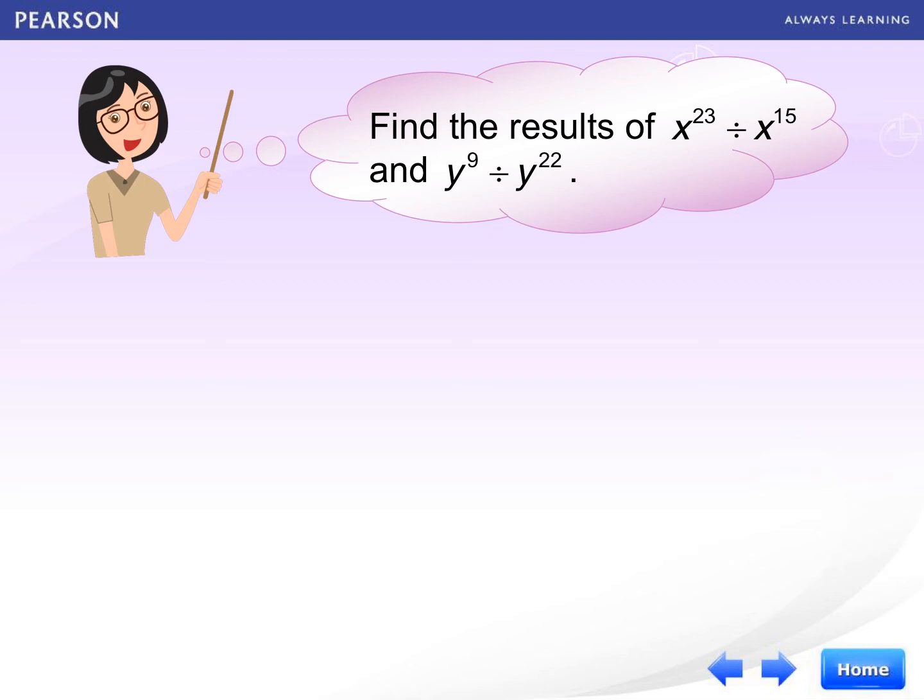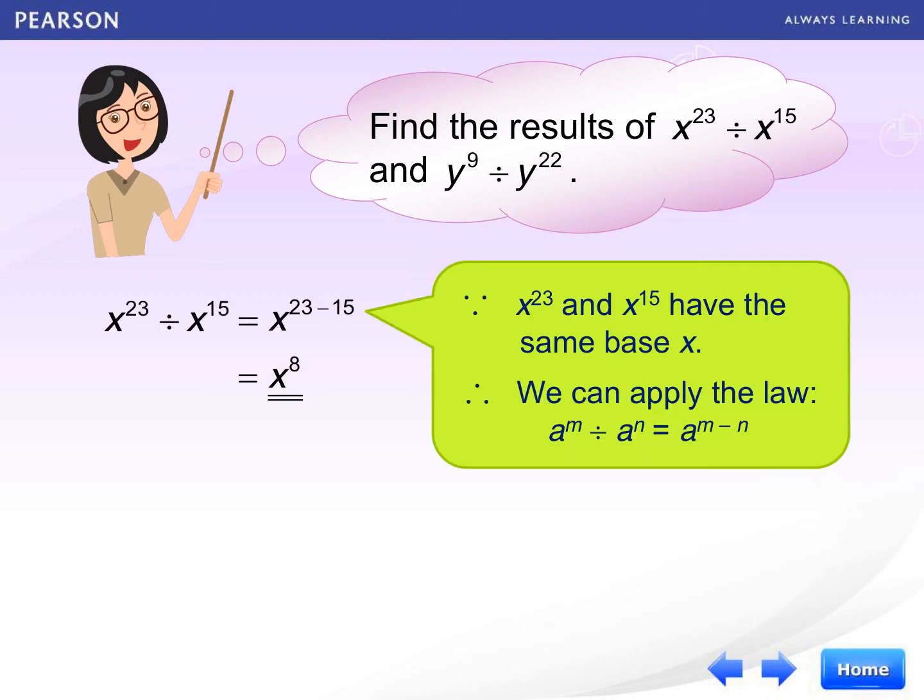So let's find the answer for this. x to the power 23 divided by x to the power 15, and y to the power 9 divided by y to the power 22. For x to the power 23 divided by x to the power 15, 23 is greater than 15, and they have the same base, so we can apply the law a to the power m divided by a to the power n equals a to the power m minus n.